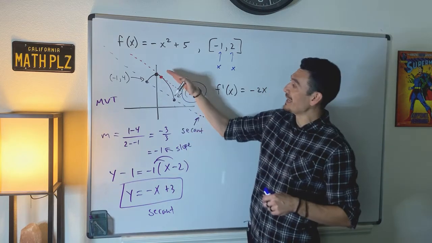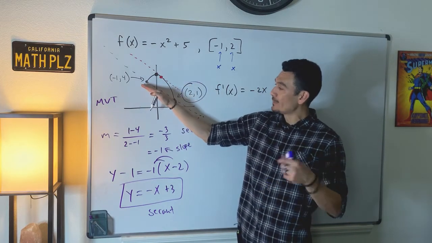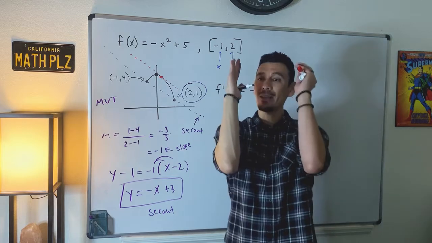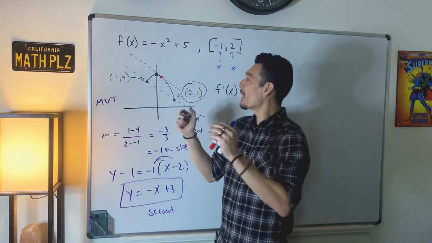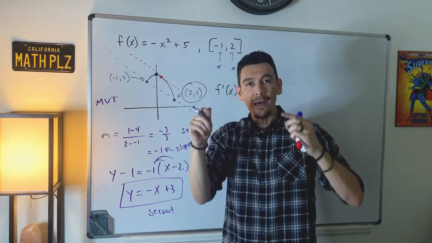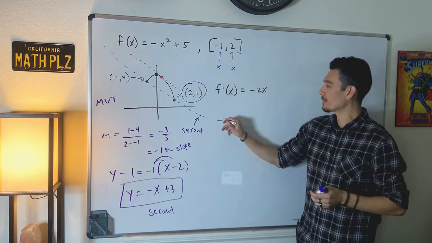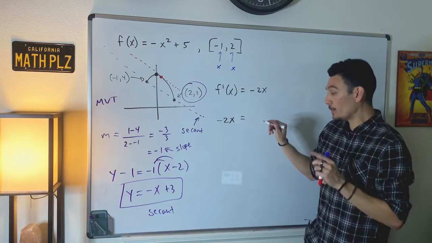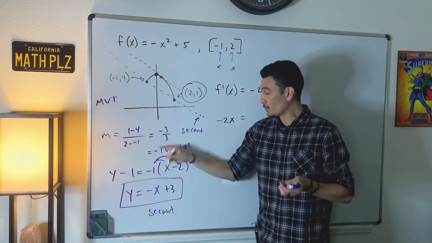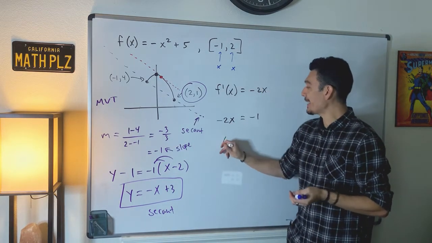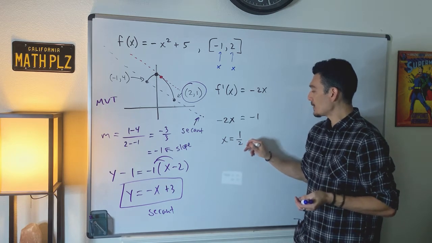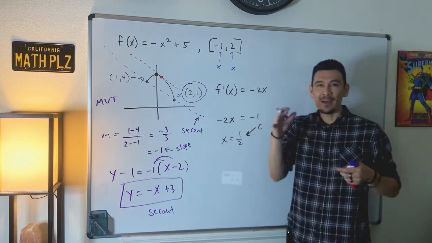And I want my tangent to be parallel to my secant. And lines that are parallel, from freshman year math, have the same slope. So I set my derivative equal to the slope of the secant, which is -1. And that's why you get 1/2. So this is that number C.